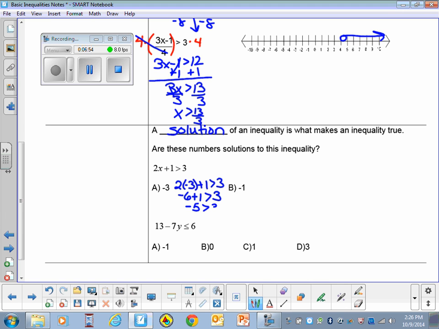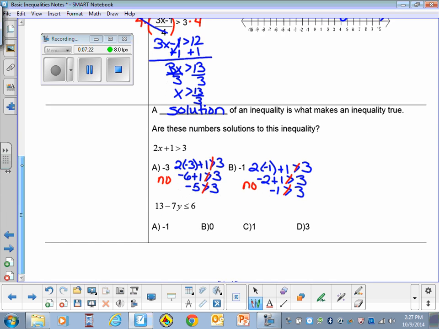Negative 5 greater than 3. That's not true. Negative 5 is less than 3, so it doesn't work. Let's try 2 times negative 1 plus 1 greater than 3. Negative 2 plus 1 greater than 3. Negative 1 greater than 3. Oh my, this doesn't work either. These are both no's.